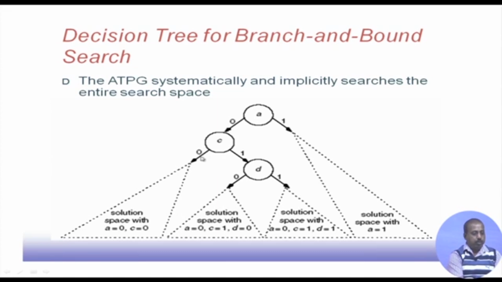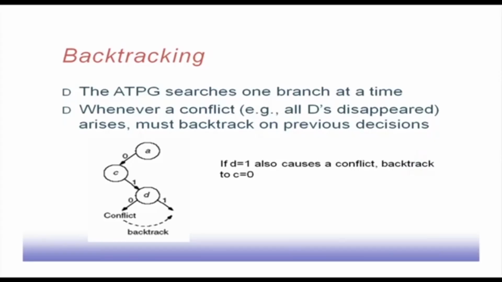For example, suppose after some time we find that setting C equal to 0 is never going to lead to any test pattern for a particular fault. So we come back and try with C equal to 1. This way it can systematically search the entire solution space and come up with the test patterns. So these ATPG algorithms can systematically search the total solution space, and backtracking will definitely be required.